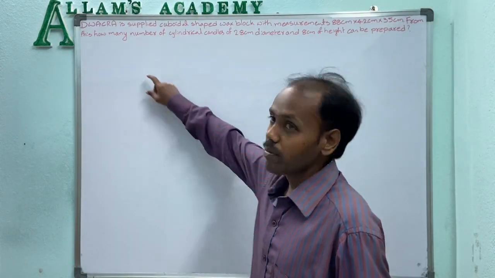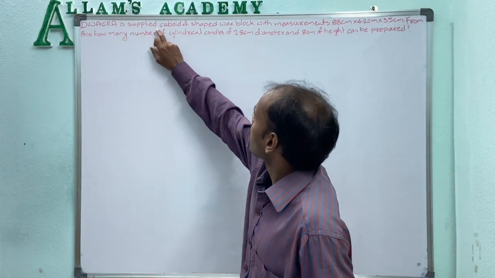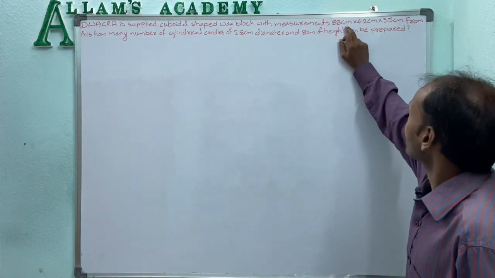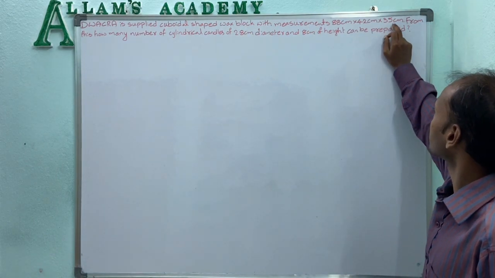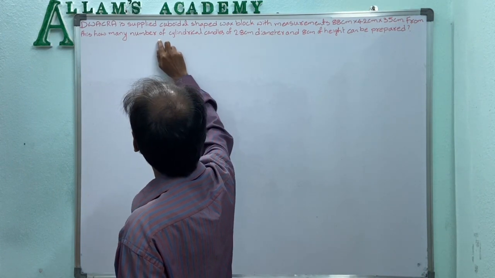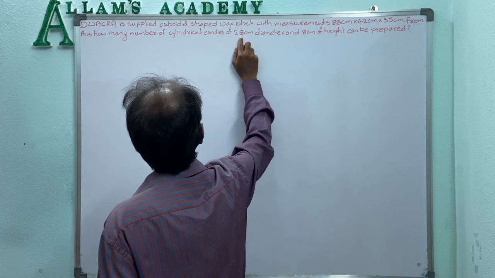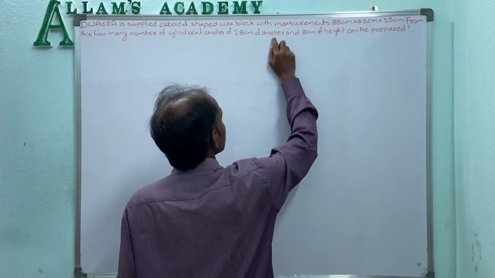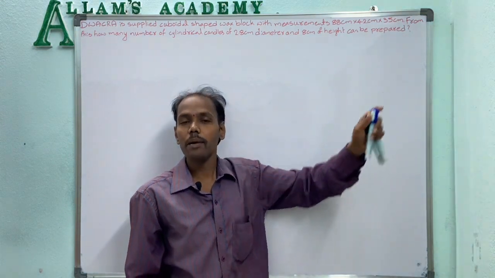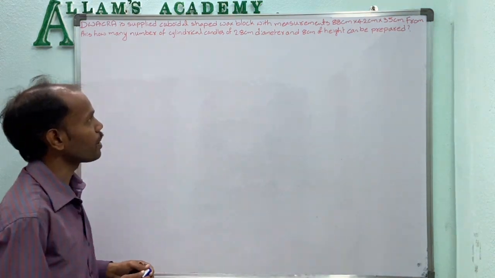Here given the problem 1, Dwakra is supplied cuboidal shaped wax block with measurements 88 centimeters into 42 centimeters into 35 centimeters. From this, how many number of cylindrical candles of 2.8 centimeters diameter and 8 centimeters height can be prepared? That is the problem here asked.